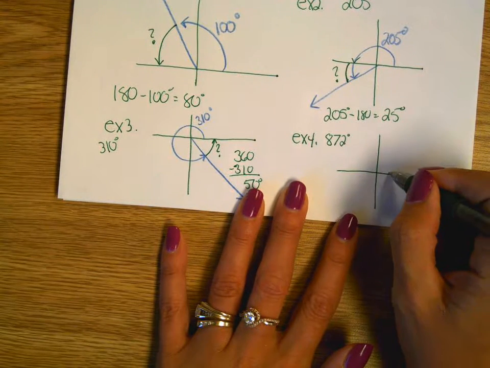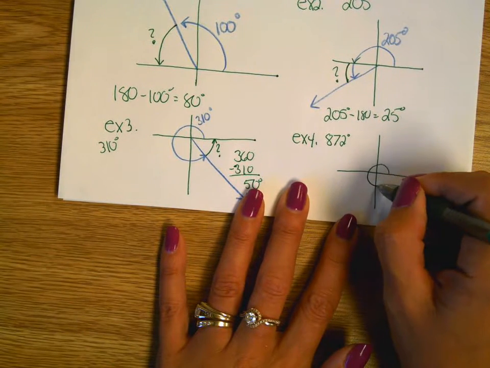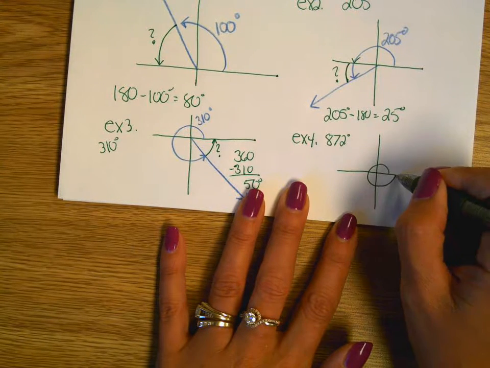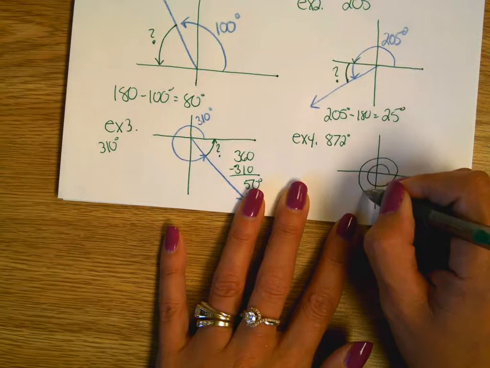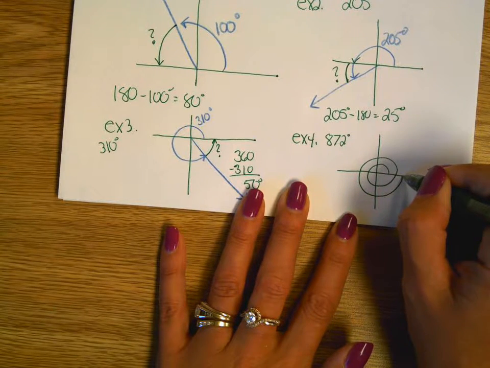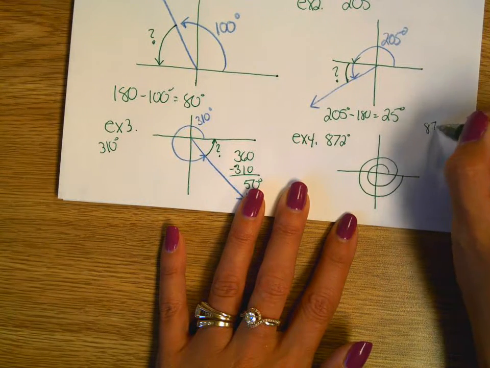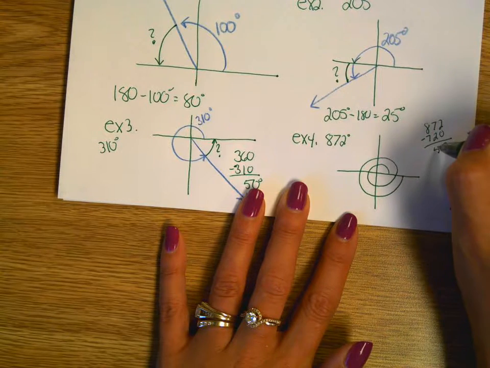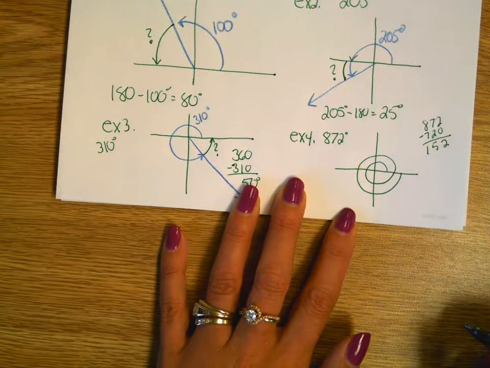Spin once, we're at 360. Spin a full time again, we're at 720. 872 minus 720, we got to go another 152.